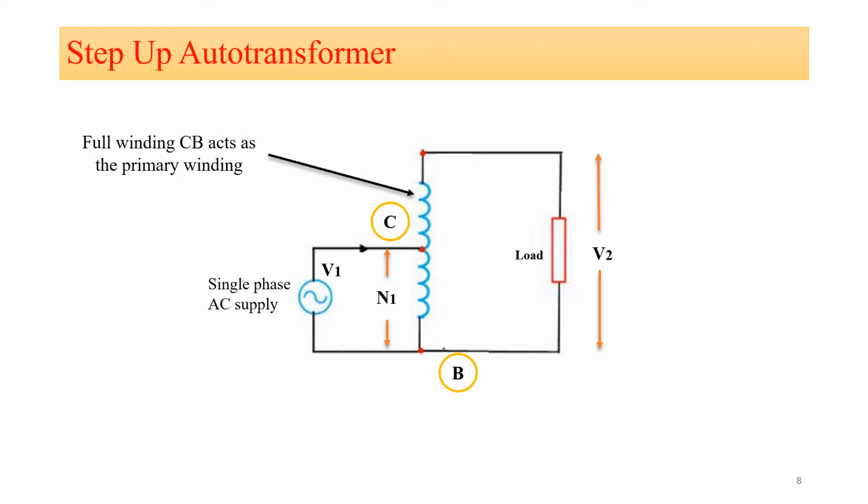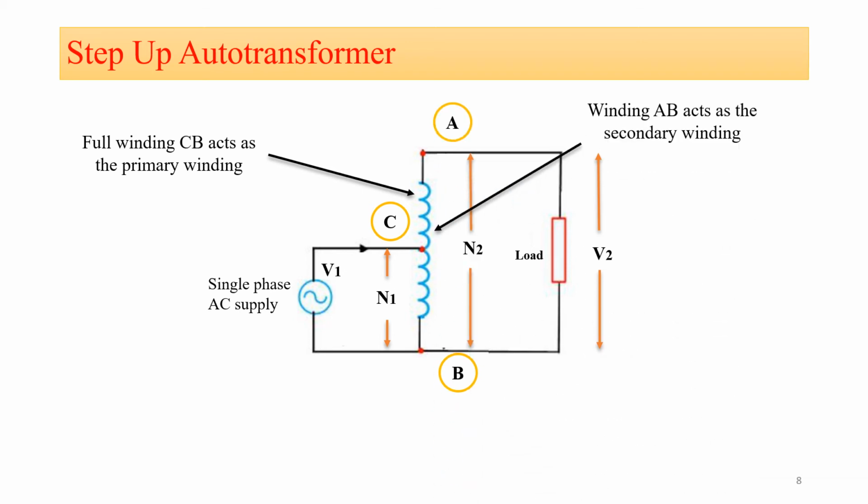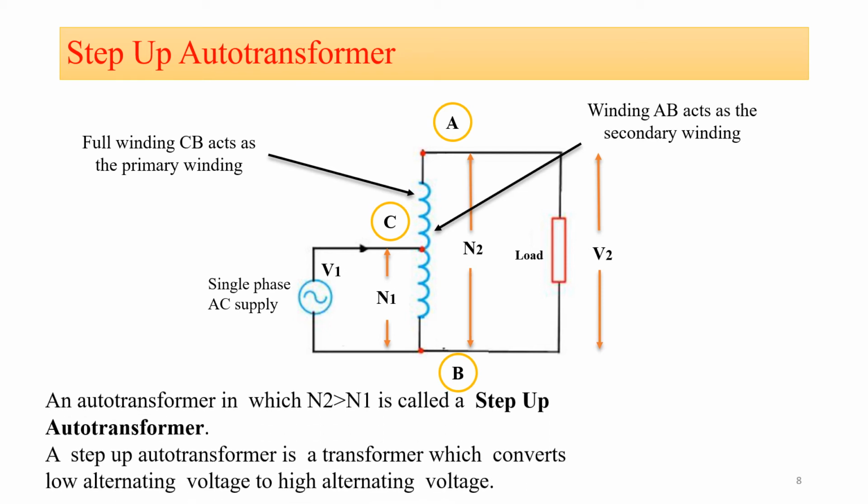Here the full winding CB acts as the primary winding, where N1 is the total number of turns of the primary winding, and the full winding AB acts as the secondary winding, and N2 is the total number of turns of the secondary winding. If you observe here, N2 is greater than N1, that is, the total number of turns of the secondary is greater than the total number of turns of the primary.